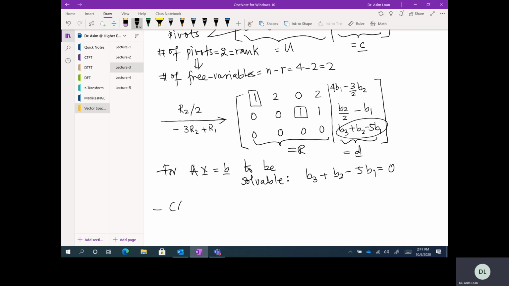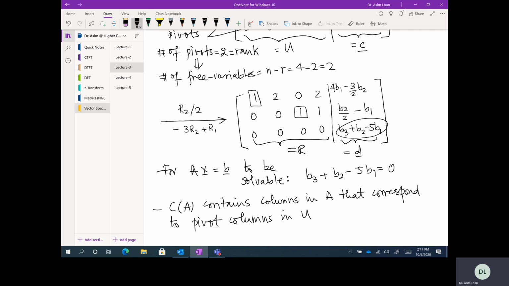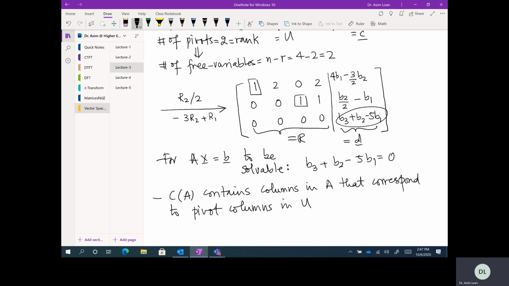So the column space of A contains the independent columns in U, or maybe the columns in A that correspond to pivot columns in U. So the pivot columns in U are the first and the third one.